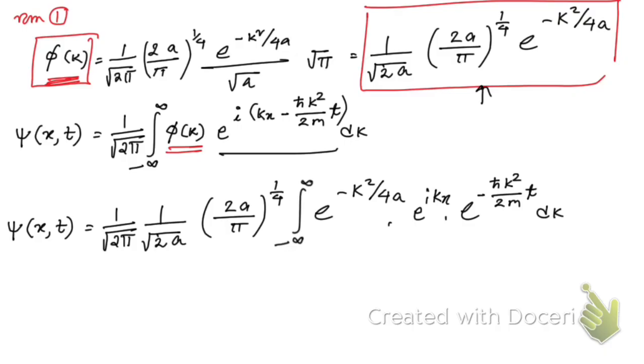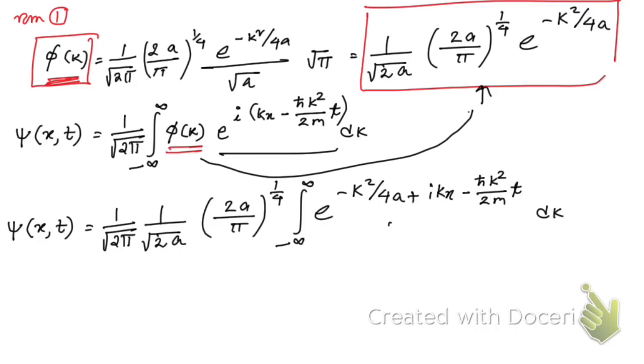Now instead of writing this, we can write this one this way, just removing this plus kx using the laws of indexes. Now we have written this. So when I insert this value here, e to the power this multiplied by e to the power this, then you're gonna get this result, right? Hope you have understood this.